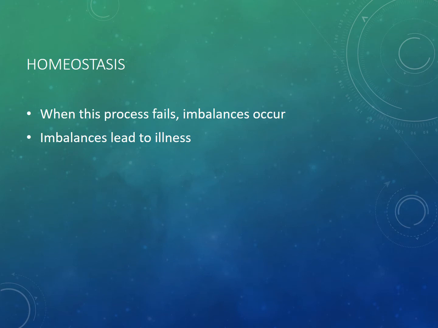But if we figure out which came first, which is the etiology of the problem, if we can figure out the cause or the etiology of our issue, then if we treat that, that's what's going to give us a good outcome that potentially leads to a cure. So it is important to try to figure out, when there is an imbalance, is the imbalance independent and it caused maybe an illness, or was an illness responsible for the imbalance that we're seeing in our patient?